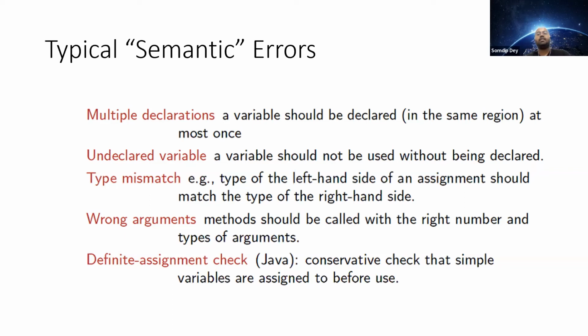So these are some of the typical semantic errors that your language should support. There could be much more, but these are only examples to give you an idea of what you should keep in mind when designing your language, especially as part of semantic analysis.